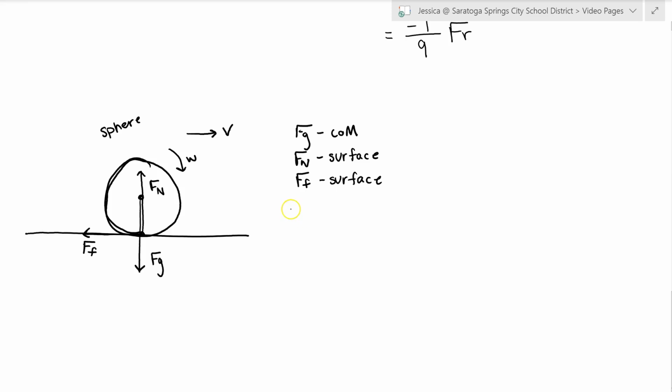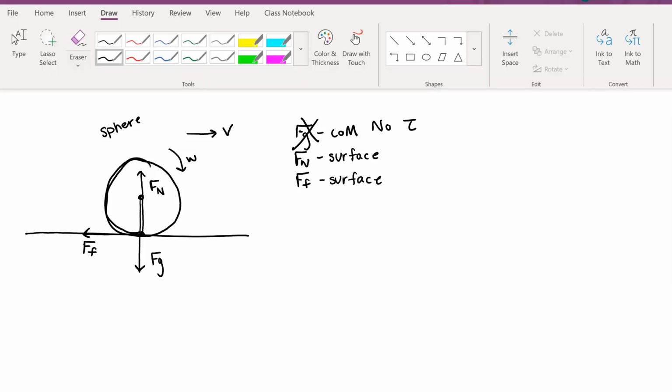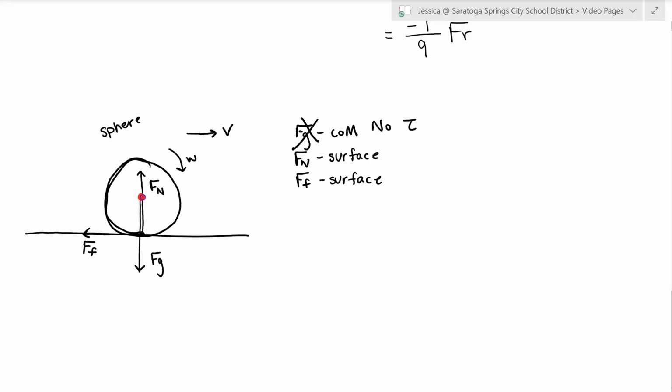So now let's think about which of these are providing torques. Well, remember, the definition of a torque is a force at a distance from the axis of rotation perpendicular to the lever arm. So the axis of rotation for the sphere is going to be the center of the sphere, which means Fg does not produce a torque. The normal force, though, is a distance from the axis of rotation. But even though our axis of rotation is the center, our lever arm is this blue dashed line.